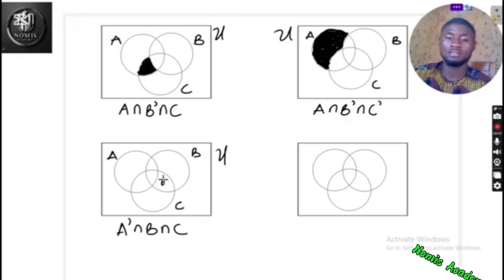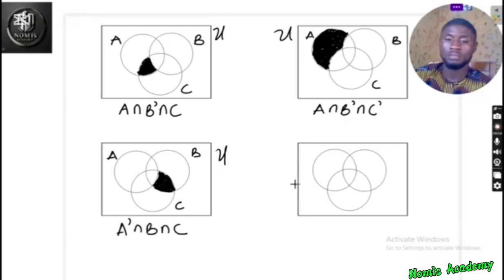So this is where they intersect, and that is A complement intersect B intersect C.